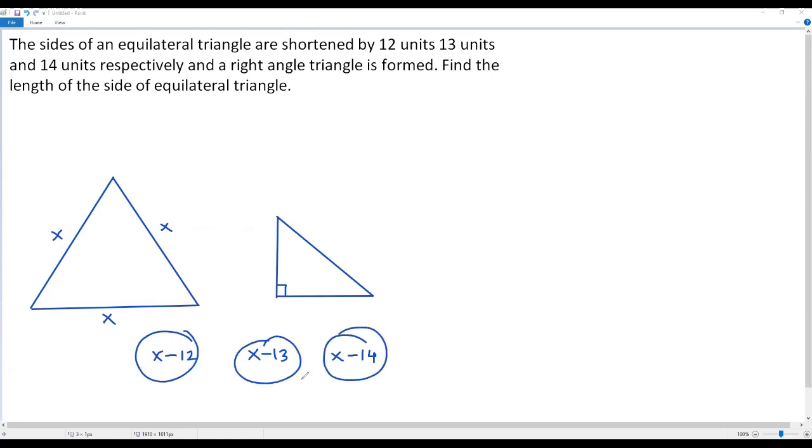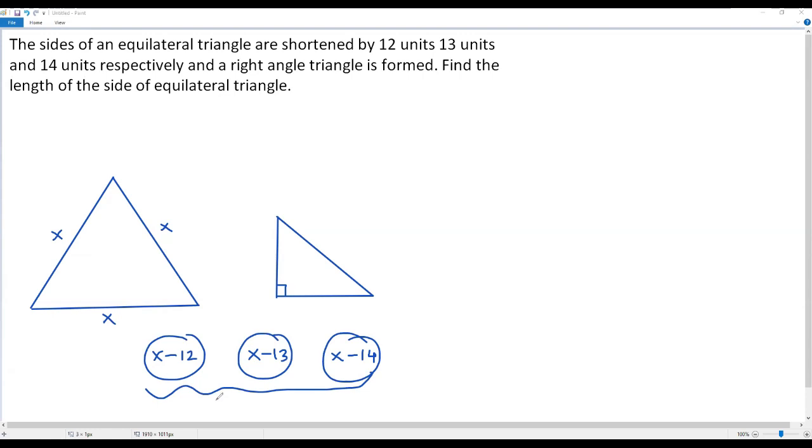According to the question, these three new lengths form a right angle triangle. So if these are the lengths of a right angle triangle, which one can be the hypotenuse? In a right triangle, we know that the hypotenuse is the longest side. So in these three lengths, we have to find the one which is greatest in value. In the first one, we have subtracted 12 from x. In the second one, we have subtracted 13 from x. In the third one, we have subtracted 14 from x.